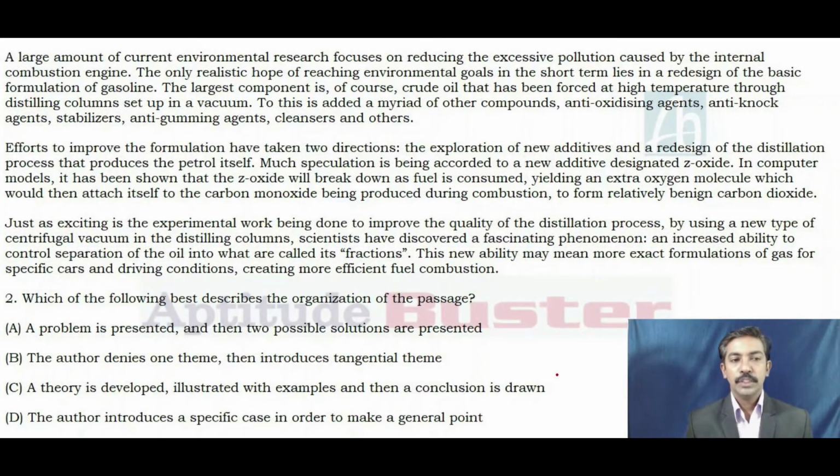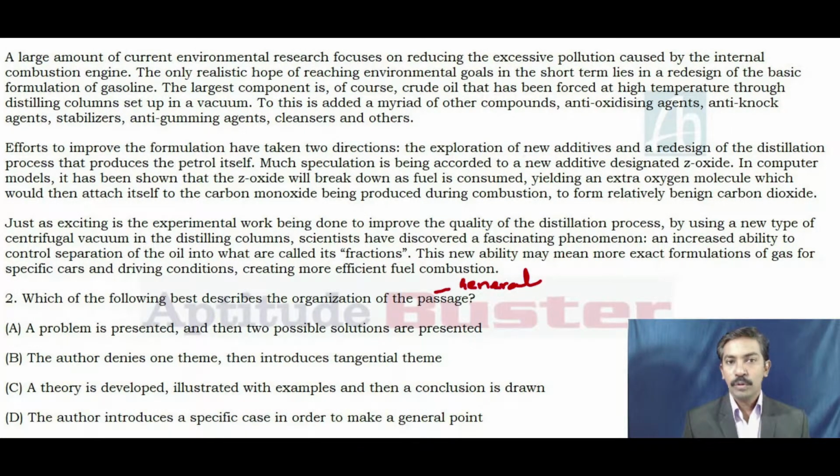Second question, which of the following best describes the organization of the passage? So while you read the question, you can easily understand this is a general question, which means you have to understand the passage entirely. Only then you can move on to the answer choices.